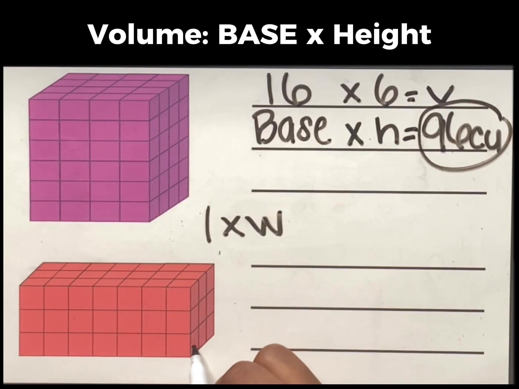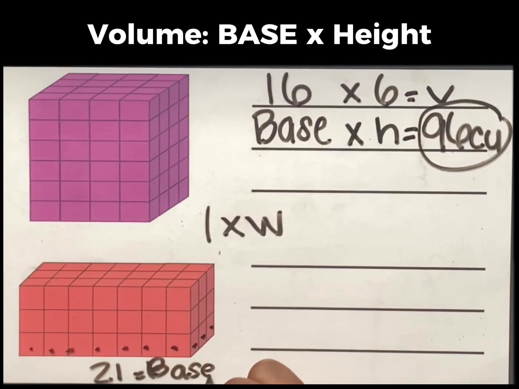So on the length, we have 3, 1, 2, 3. In the width, we have 1, 2, 3, 4, 5, 6, 7. Let's count that again. Just want to double check. Very good. It's 21 as our base because we have 3 times 7.